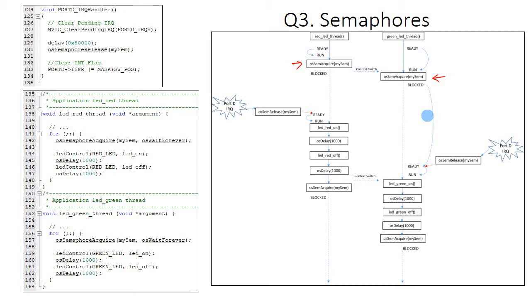When the button is pressed and the semaphore is released, the first in the queue, which is the red LED thread, is the one that comes out of the blocked state and is able to run. Subsequently when I have another push button press, again I will release the semaphore and the green LED thread will run. That is basically the timeline of execution for the code that is given.